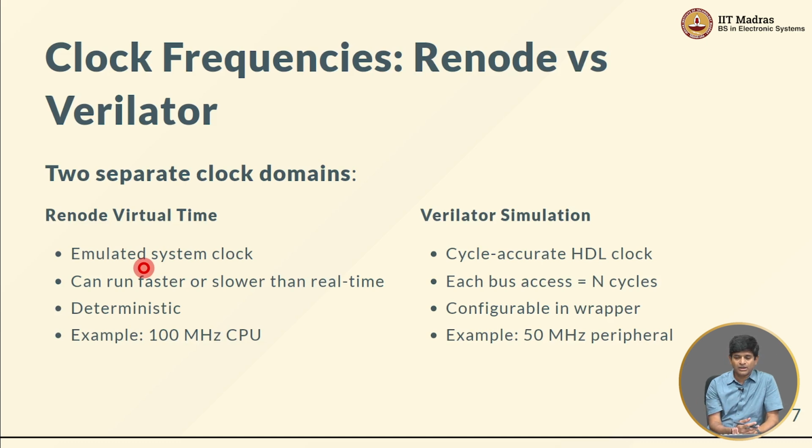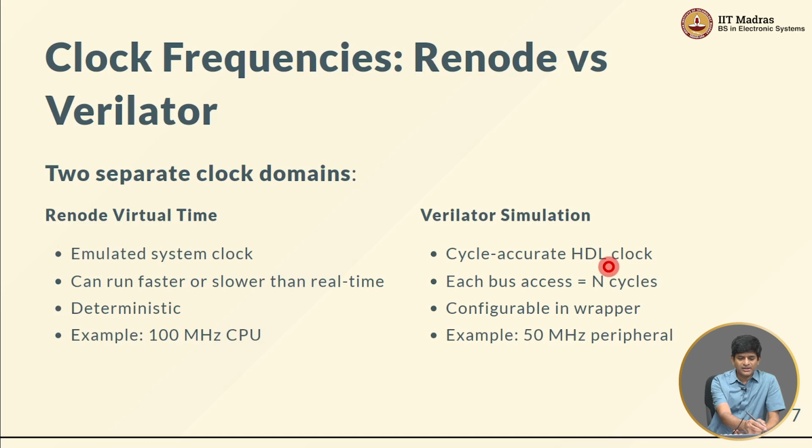Now we also have yet another simulation, which is our Verilator simulation. Once again over here we have a cycle. This is cycle accurate because I have always @(posedge clock) kinds of constructs in my RTL code which tell me what to do at every edge of the clock.